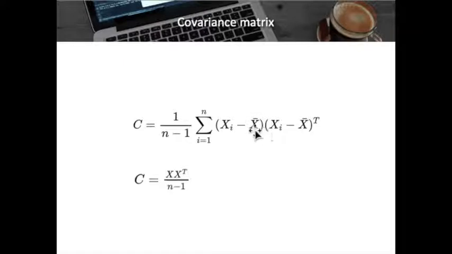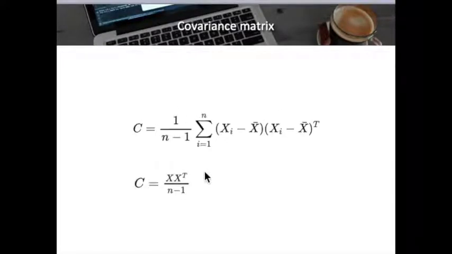Okay, and we can write this as follows. Again, we write the difference from the mean, and then we multiply this by the difference from the mean transposed. And we can also rewrite this in short like this: x times x transpose divided by this constant n minus 1. And what we get here is a positive semi-definite matrix.